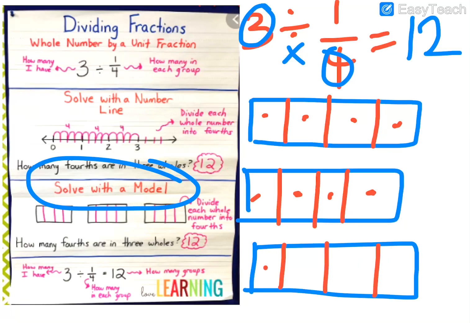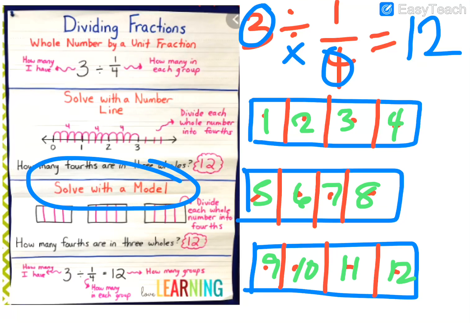You cut it 3 times to get those 1/4, right? If you go back through and count those, 1, 2, 3, 4, 5, 6, 7, 8, 9, 10, 11, and 12, that is how many sandwiches you would have.